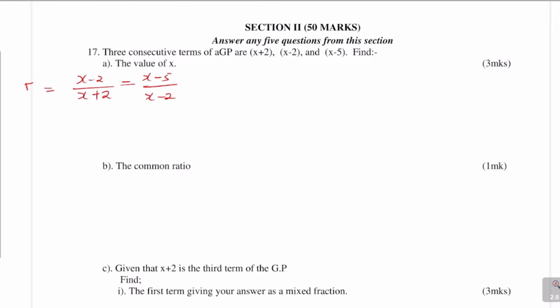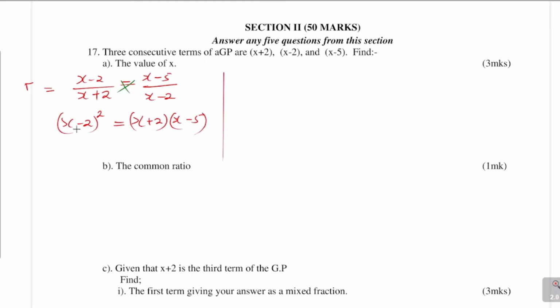Now, for you to get the value of x, you simply need to solve this equation, and you do this by cross multiplication. So x minus 2 multiplied by x minus 2, that will be x minus 2 squared, is equivalent to x plus 2 multiplied by x minus 5, like that.